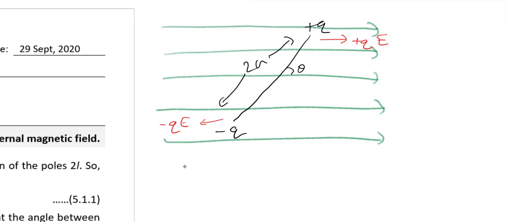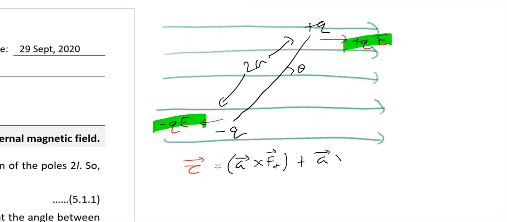And then we talk about the torque due to the force on the positive charge and the torque due to the force on the negative charge. So we take A cross F positive plus A cross F negative. Substitute values, simplify, and ultimately you will end up with P cross E.